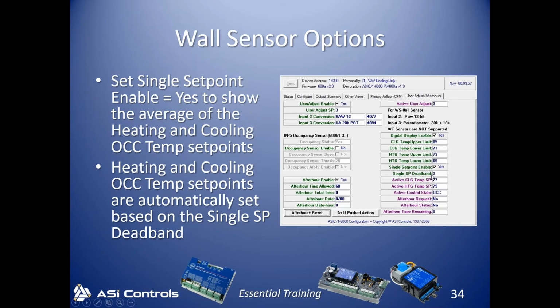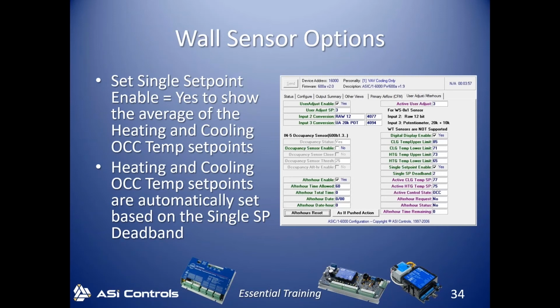And what it does is you don't even have to press the mode button anymore to get into set point adjustment mode. You can immediately press the up down arrows. And then what it will show you is the average of the heating and the cooling set points. Since they're usually 2 degrees apart, it's 1 degree lower than the cooling set point and 1 degree higher than the heating set point.